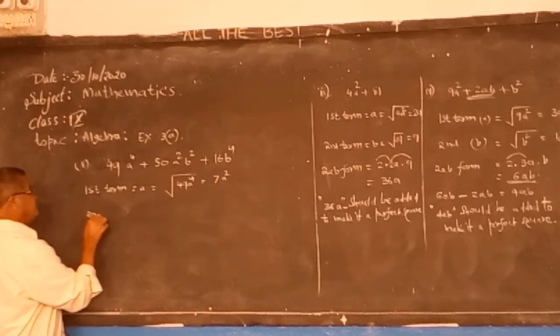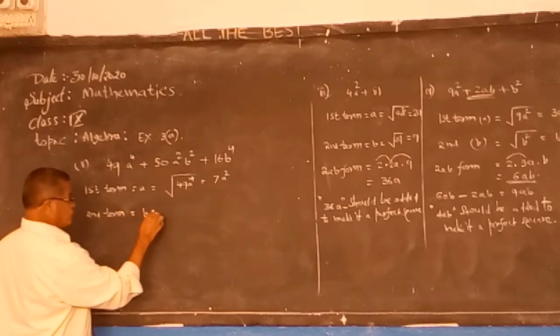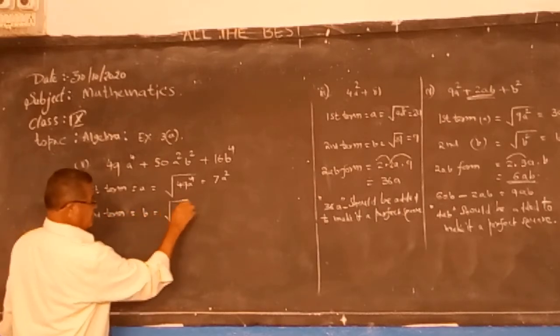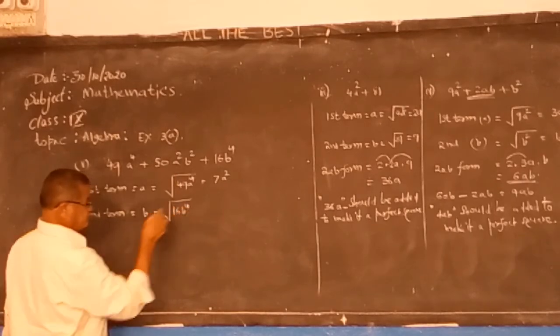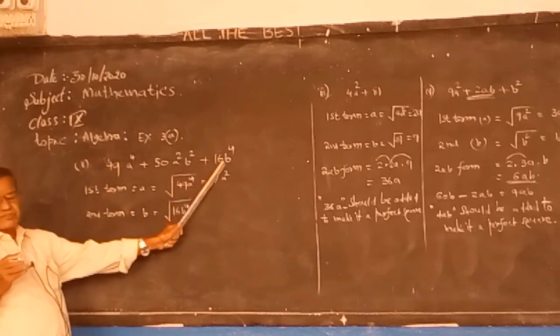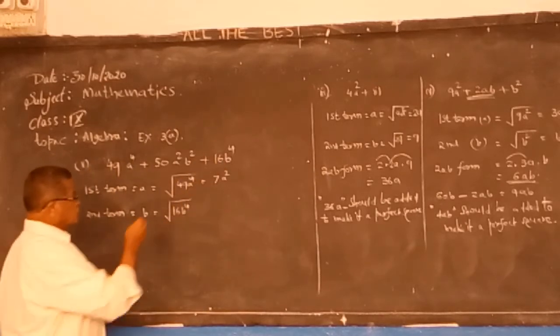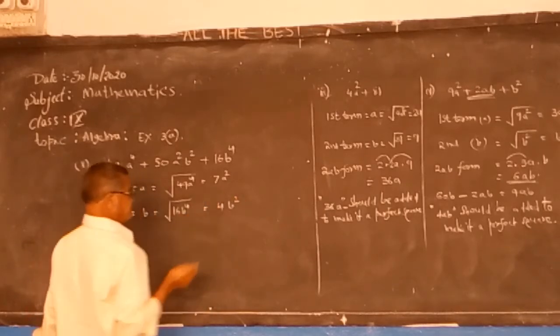Second term b is equal to the square root of 16b power 4. This is the square of the first term, this is the square of the second term. So the second term is 4b squared.